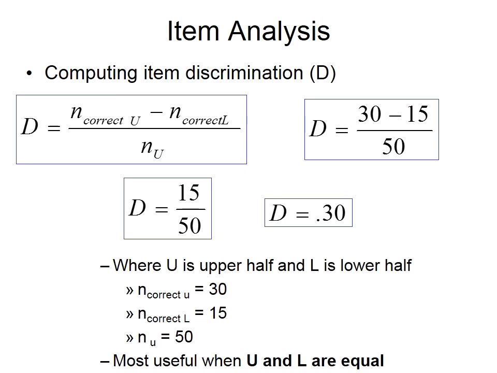So 30 got it right out of 50 in the upper group, 15 got it right out of the lower group. 30 minus 15 is 15. 15 divided by 50 is a D of 0.30. So this item somewhat discriminates between top and bottom performers, but it's less than the 0.35 we talked about in the last slide. So this is not a great discriminating item.